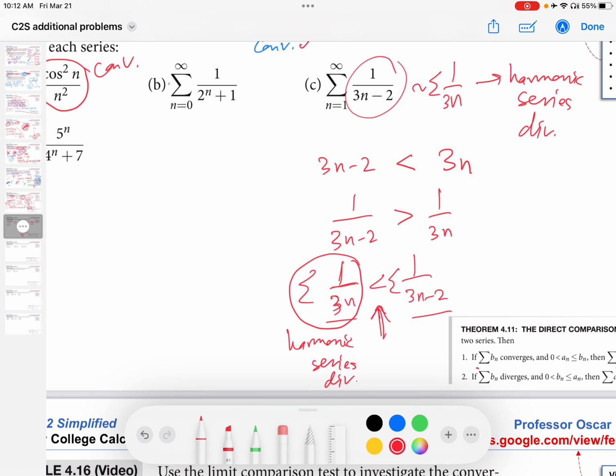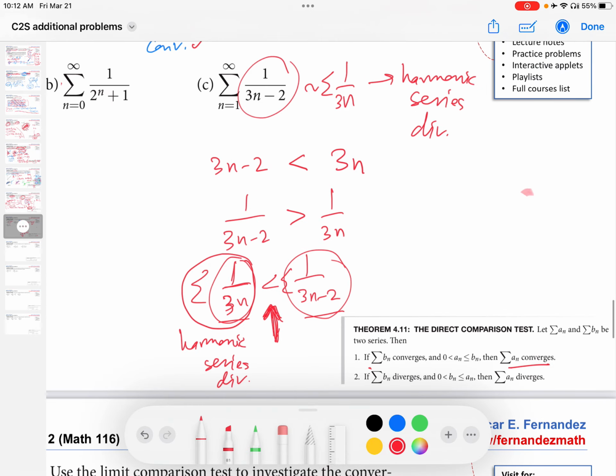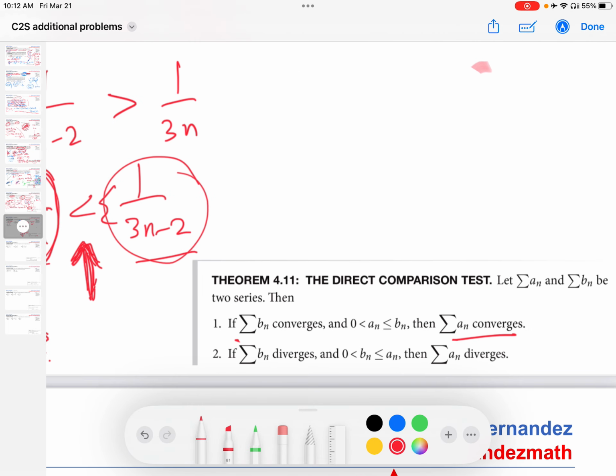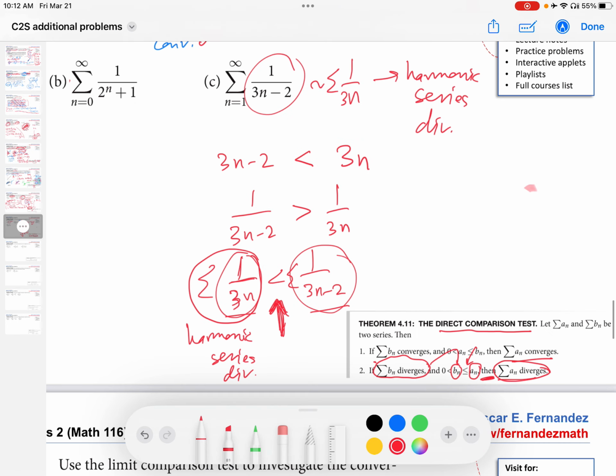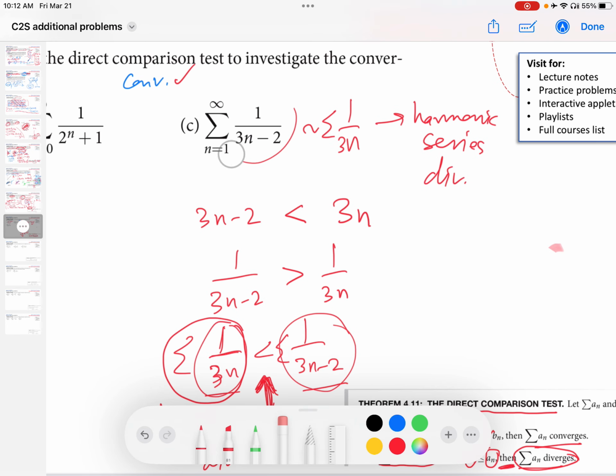And we have shown that the terms of this basically harmonic series are smaller than the series that we are looking at. And so back to the comparison test, if I found a divergent series whose terms are smaller than the series we're looking at, then the direct comparison test tells me that the series I'm looking at diverges. So we're going to go back up here and say, aha, this series diverges.